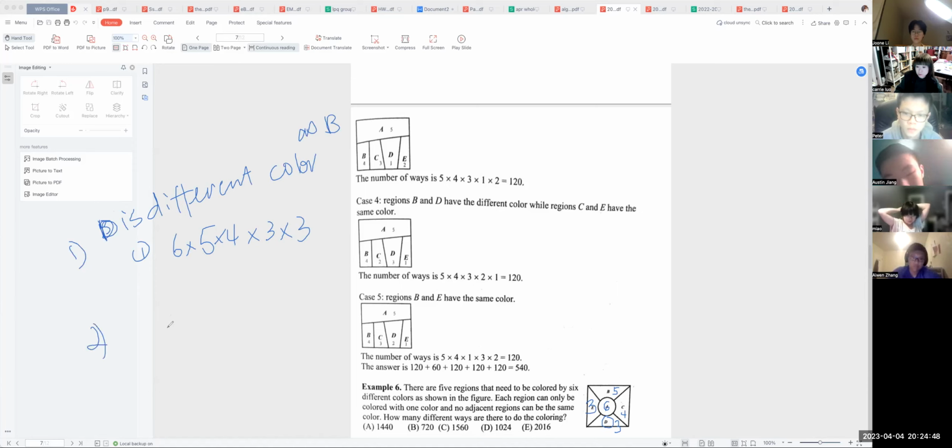But did it say we can't use a color more than once? 没说，对不对？So D also could be the same color as B. Get it, everybody? So when the question doesn't mention it, we need to discuss it. Get it? So if D has the same color as B, D has only one option. 什么 option？跟 B 一样的 option. That means D has no choice: whatever color B is, D is this color. Which leaves E actually having more options, right?